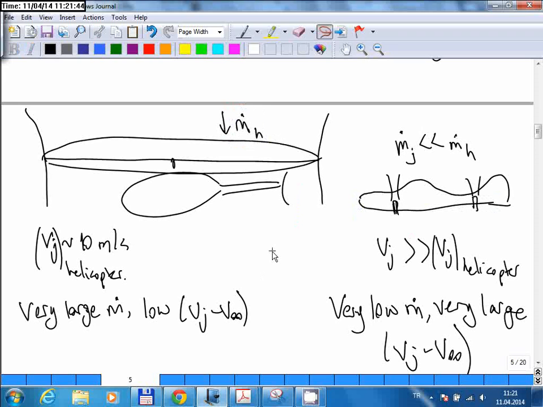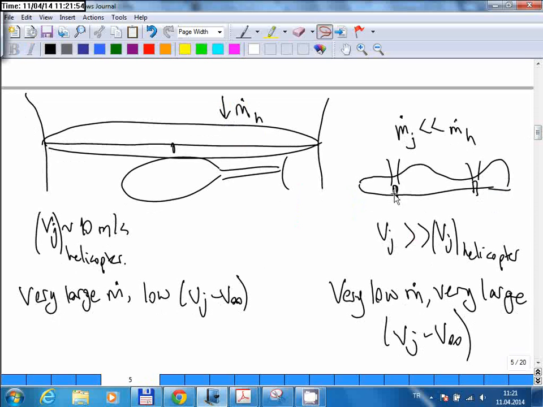If you compare this to a jet aircraft with hovering capability like the Harrier, the situation is the opposite. The Harrier uses jet flow, which means the air flows through a much smaller area. So the mdot in this case is very, very small compared to the mdot of the helicopter.